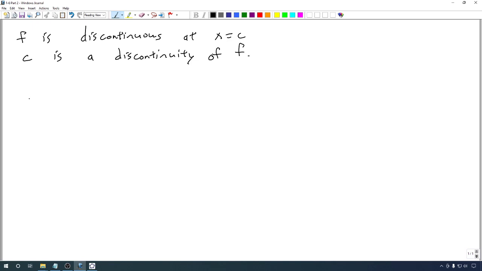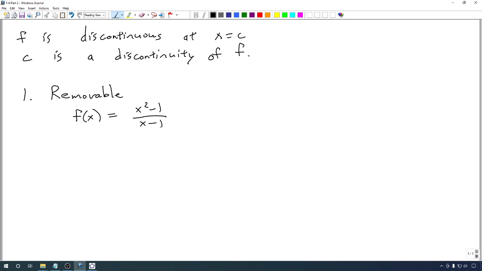Now the first category that we're going to look at, and this is really the only category the book gets into that gives a name, is what we call a removable discontinuity. For an example, recall the function f of x equals x squared minus 1 over x minus 1.